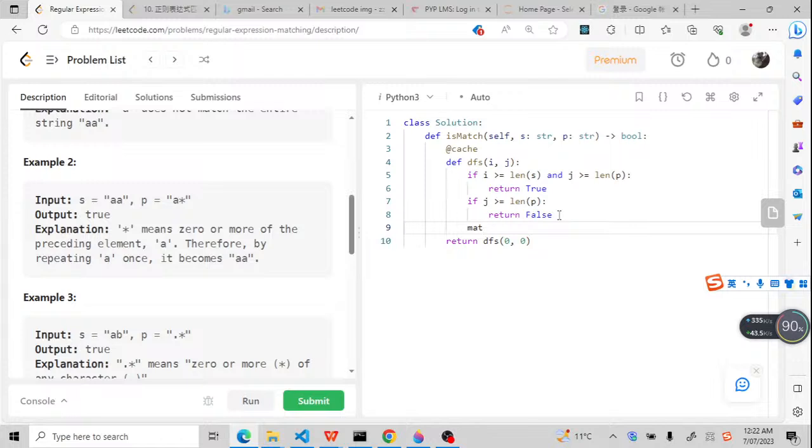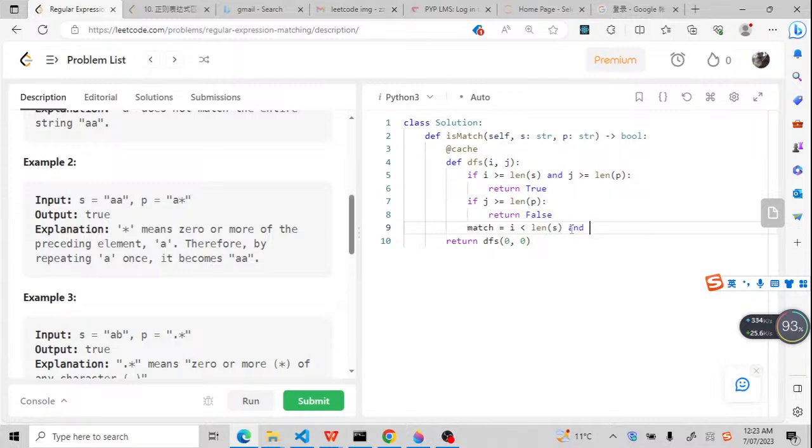Then we can define a variable match equal to true or false. We only need to check I, whether I should be less than the length of S, because J should always be less than P, otherwise it will return false, so we don't need to check.